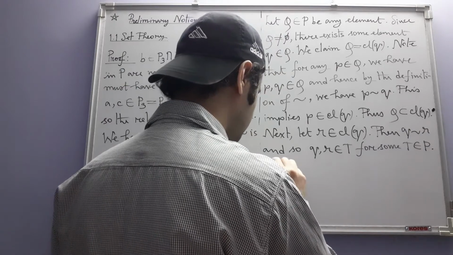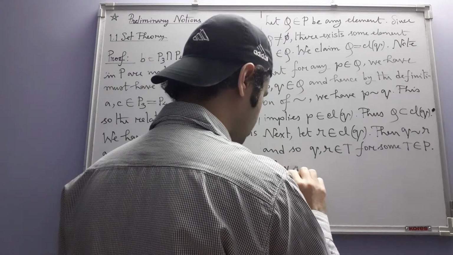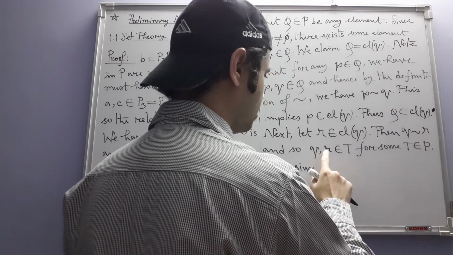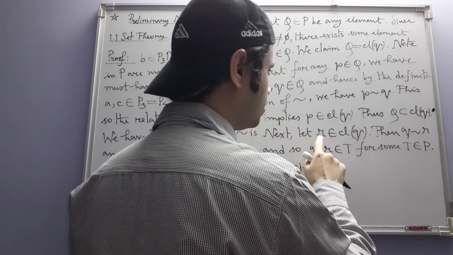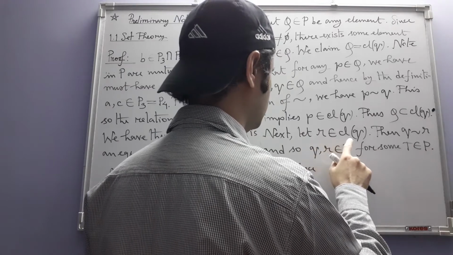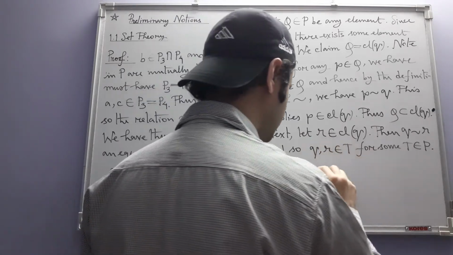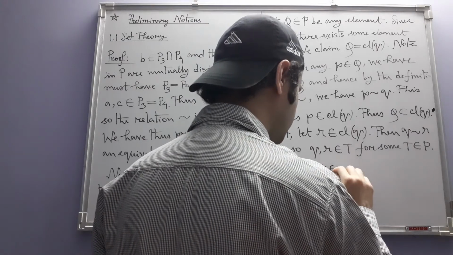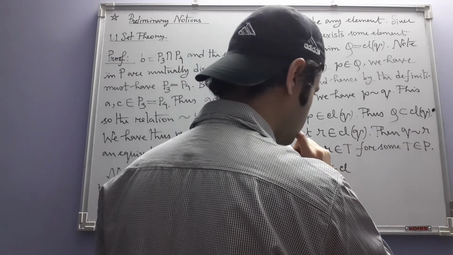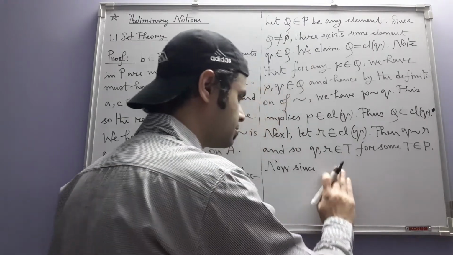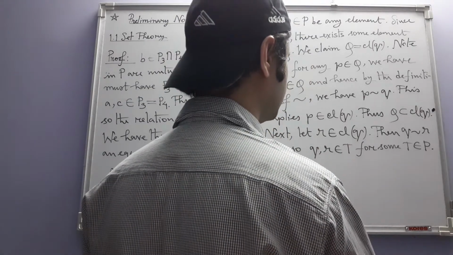Now, since r belongs to class of q, r also belongs to T. So r belongs to, no, that's not the thing. What I am trying to say is this. No, that is not the thing.